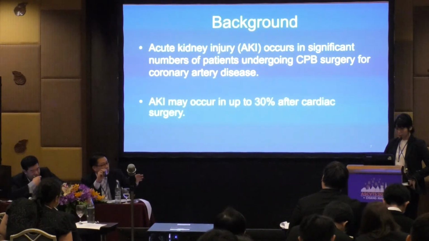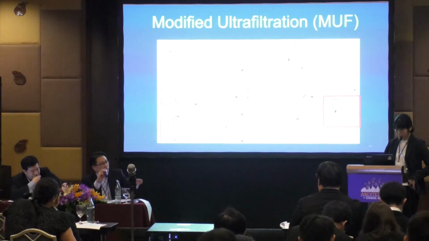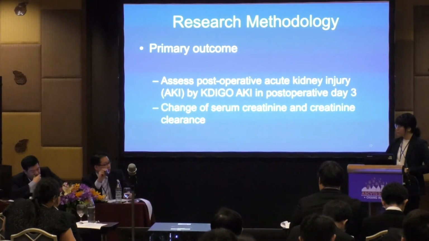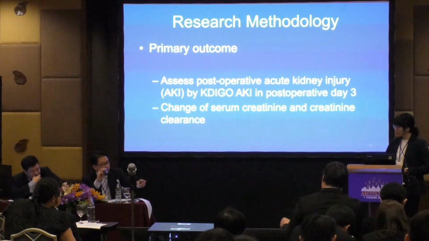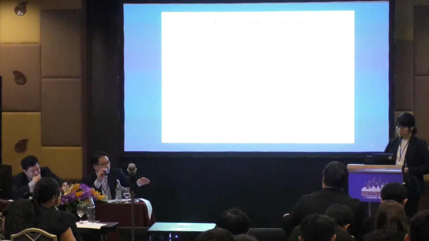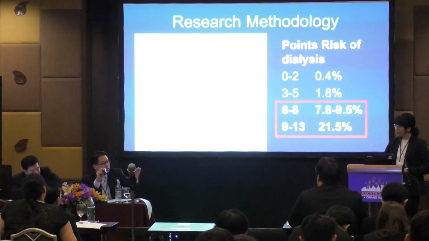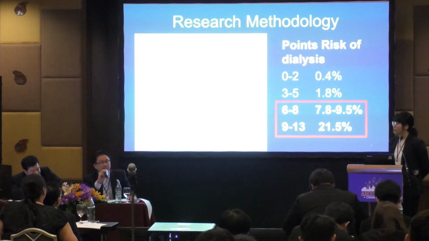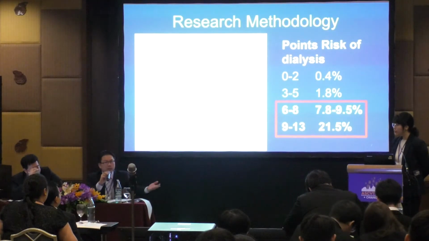And the second one is your population. In your headline it is cardiopulmonary bypass surgery, but the population that you studied is just for CABG. Oh, yes. Why don't you go back to the first slide, the renal outcome after cardiopulmonary bypass in high-risk Cleveland Clinic score? Because when I first read it, it's misleading: cardiopulmonary bypass can be valve surgery, can be pediatrics.